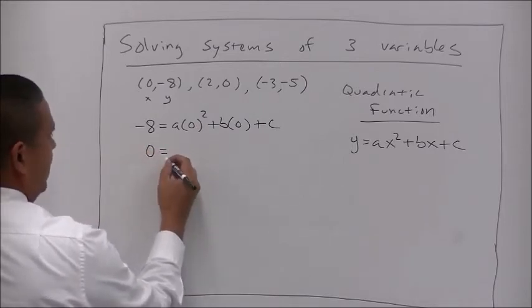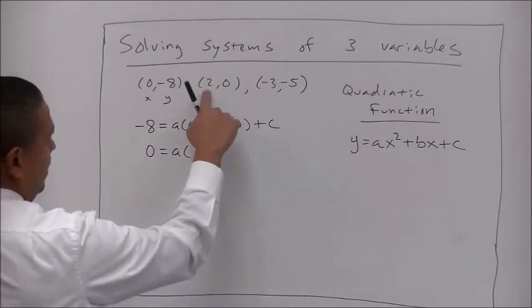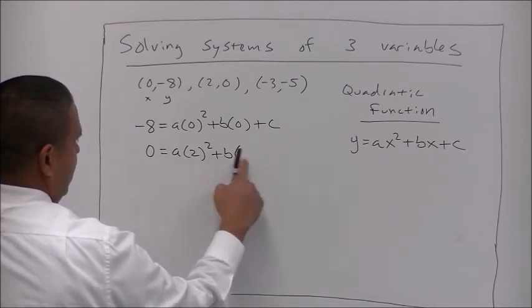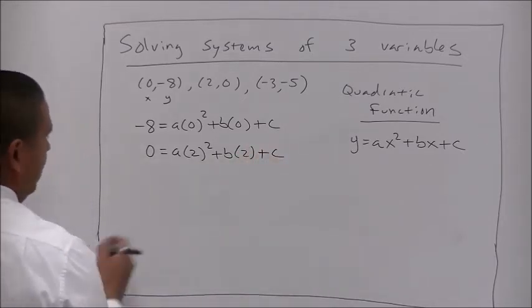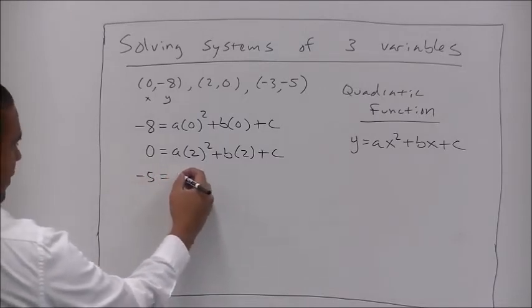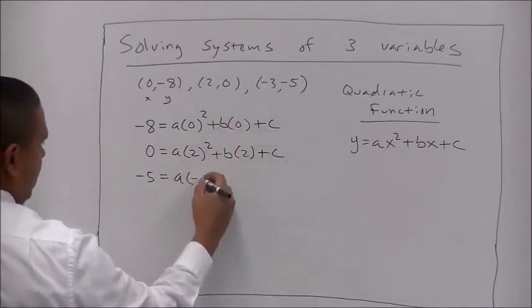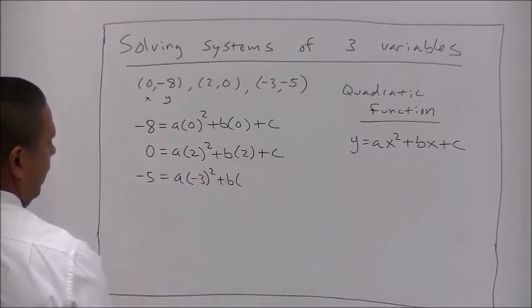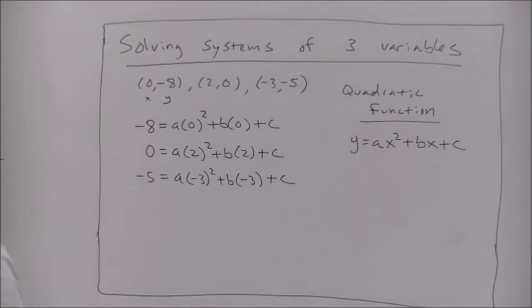So 0 equals a times x squared, x is 2, good, plus b times 2 plus c. And what's the third equation? -5 equals a times -3 squared, plus b times -3, plus c. Excellent.